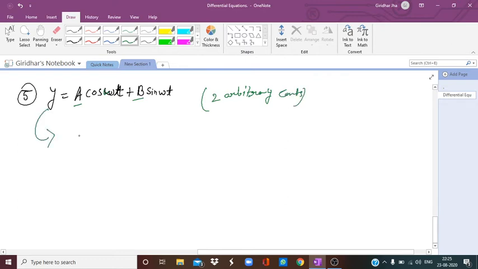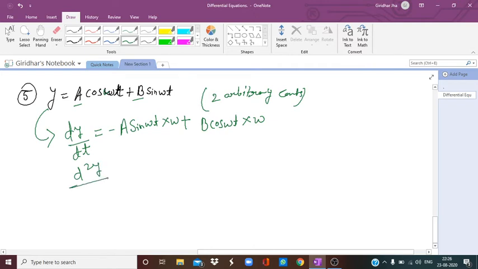We start differentiating dy by dt, basically, because the function is in terms of t. So this will come: minus a sine omega t into omega plus b cos omega t into omega. Fine. Now again you differentiate, d2y upon dt square. This is a similar approach to the previous sum we did.